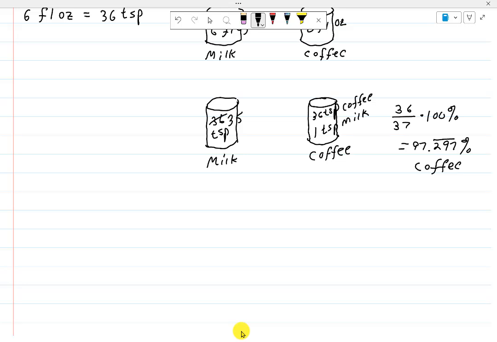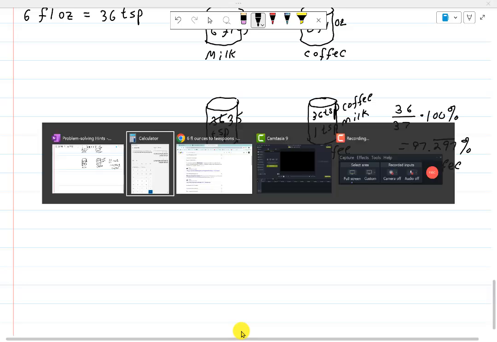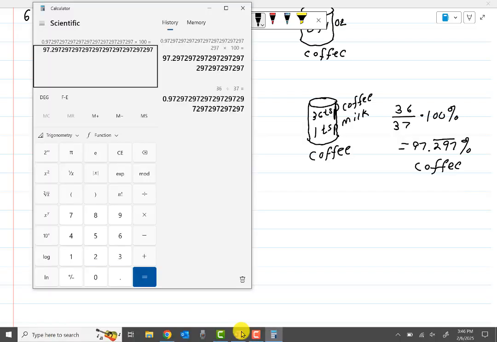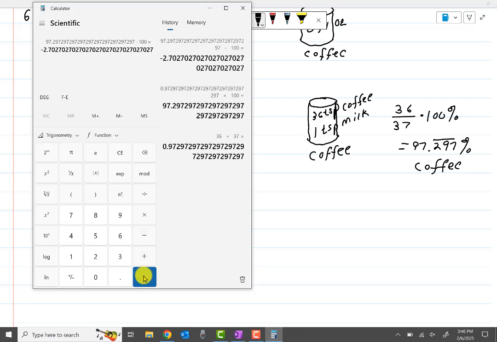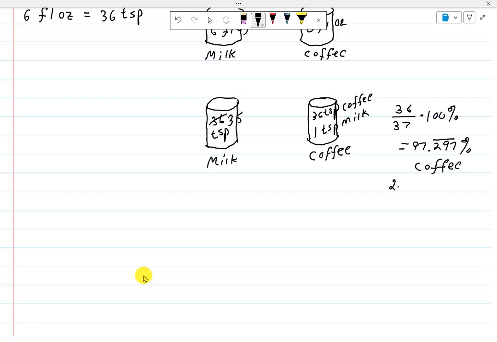I'm going to subtract that from 100% to get the amount of milk in there. So let's go and do that. So I'm going to take, let me go minus 100 equals, ignore the negative. Here we have 2.702 repeating percent milk.